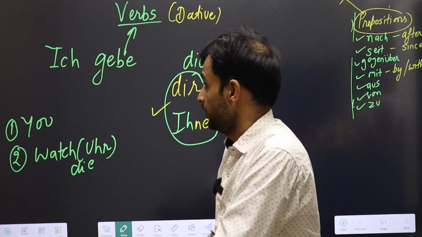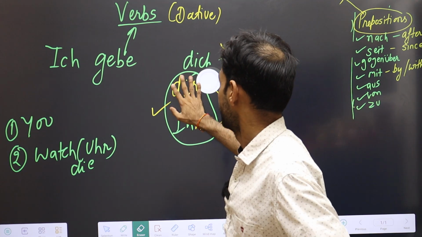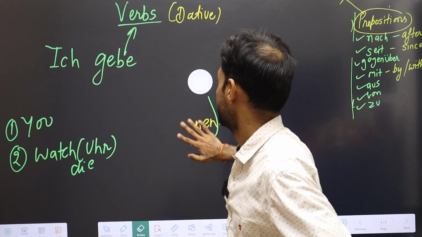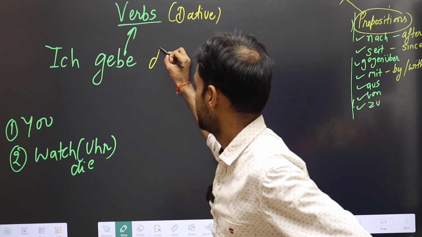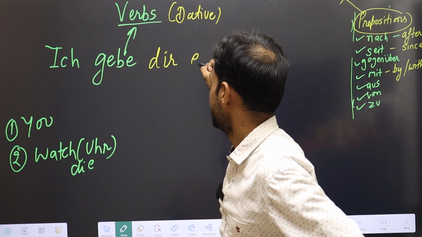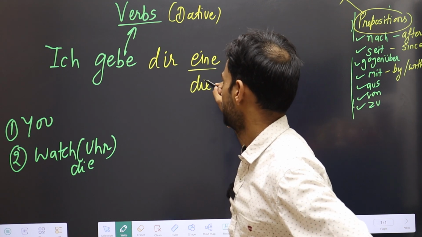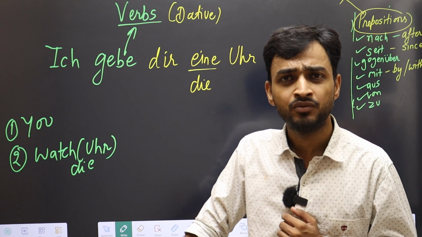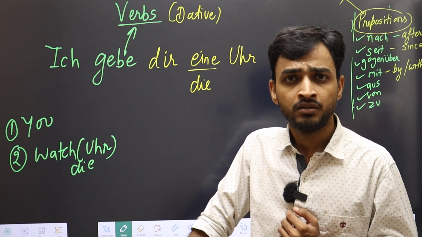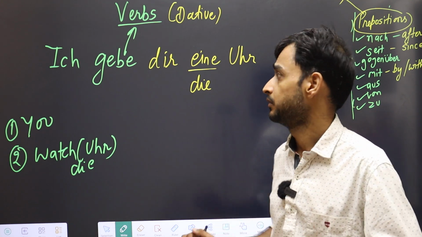So, ich gebe dir eine Uhr. My sentence: ich gebe dir eine Uhr. Or with the definite article: ich gebe dir die Uhr. Now why eine and die? This is again a question. Die, der, das, the definite articles, all mean the.